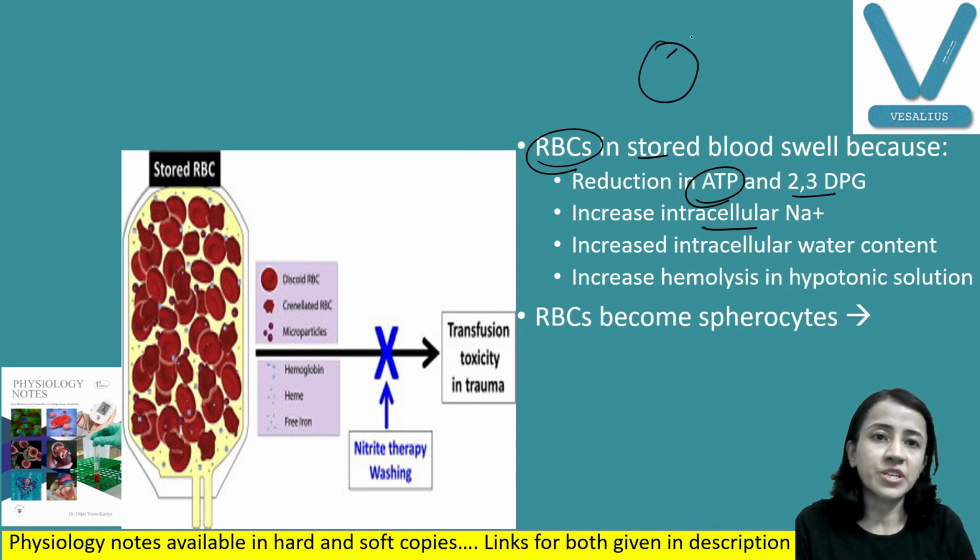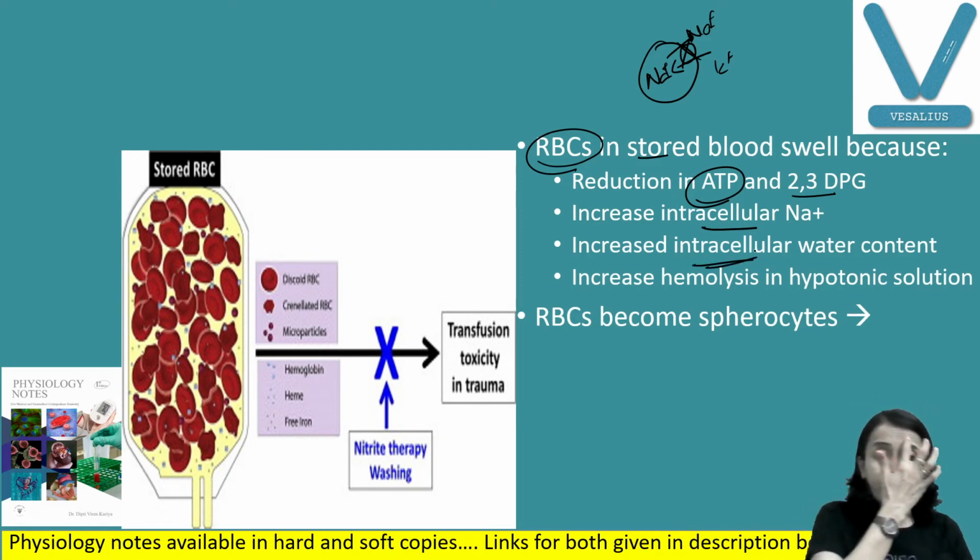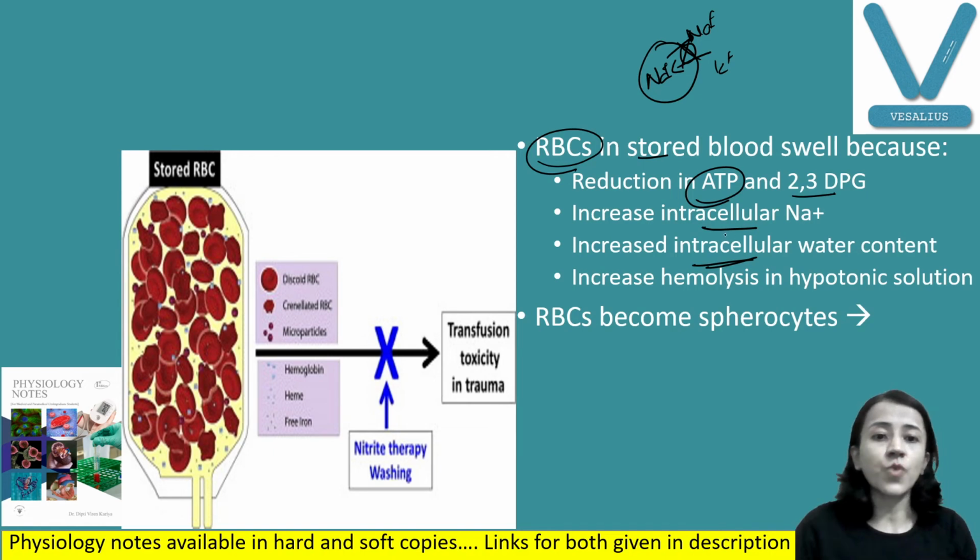As I told you, when the sodium potassium pump is not acting, inside sodium increases, and as sodium increases, water also increases. Then when RBCs are swollen, they can be easily hemolyzed in a hypotonic solution, so they become spherical and easily rupture when placed in a hypotonic solution.